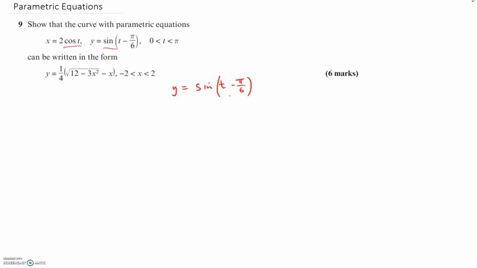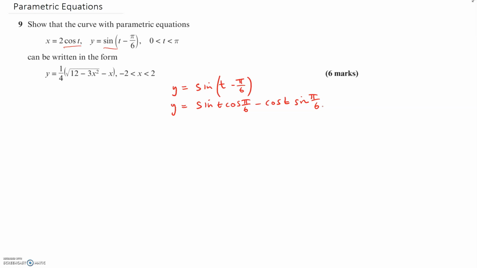And what we did in the last question was we used the addition formula to simplify that, and we can do that again by using the rule for sine A minus B, and it would be this. Okay, so we get something like that.